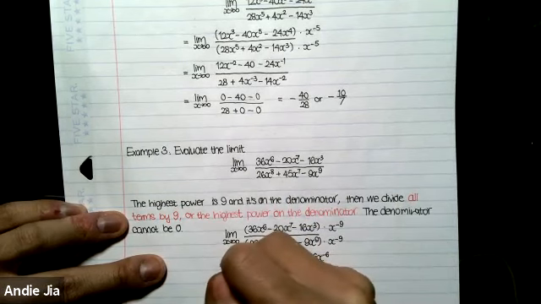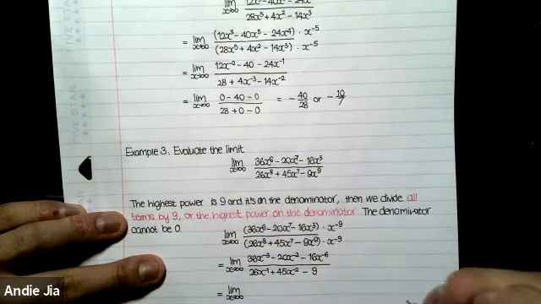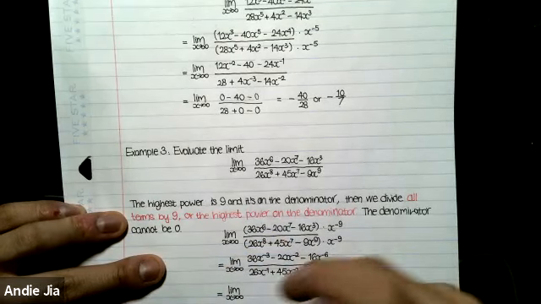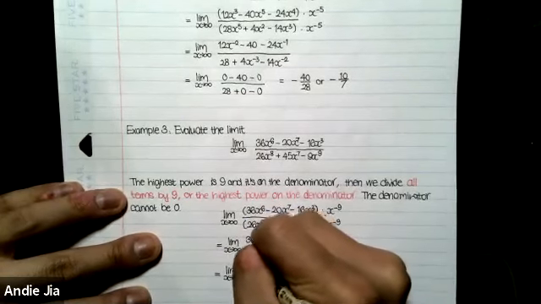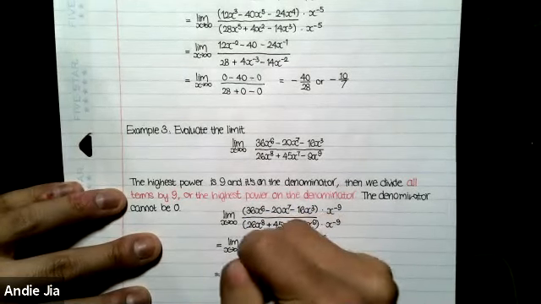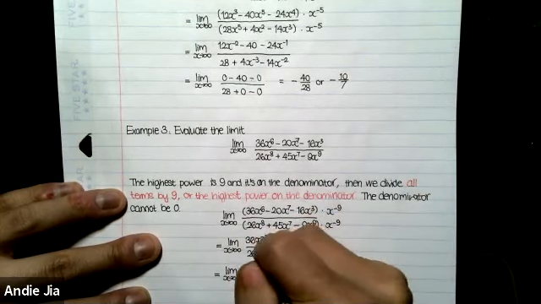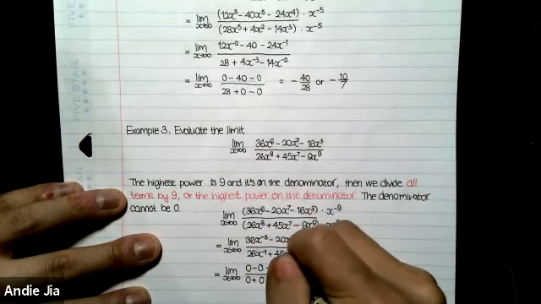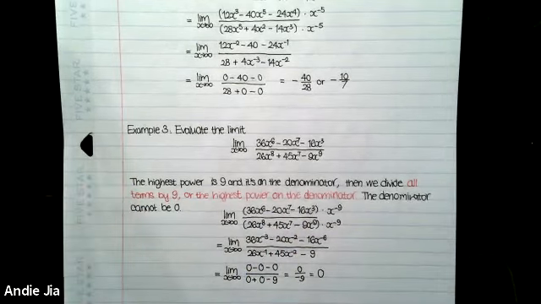It's like the limit of 0 minus 0 minus 0 over 0 plus 0 minus 9. It is 0 over negative 9, so it's 0.